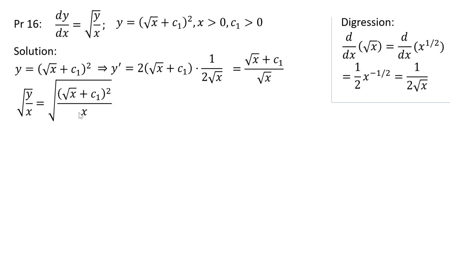So we have square root of the top, square root of some quantity squared. What is square root of some quantity squared equal to? Like, what is square root of x squared? That's equal to x, man.